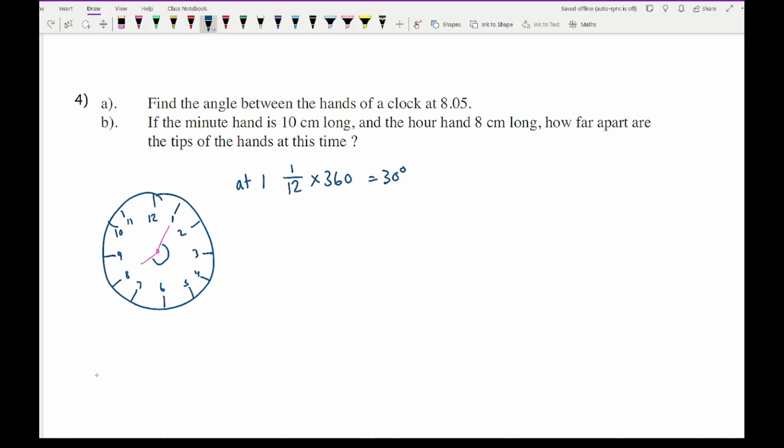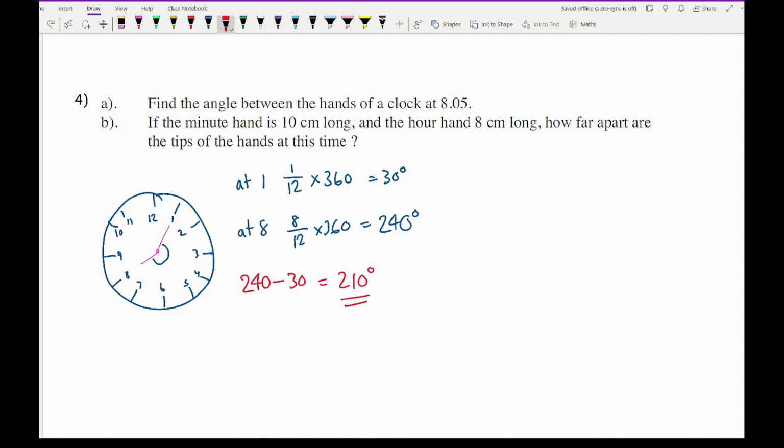And then at 8, that's 8/12 times 360, which gives me an answer of 240 degrees. So the angle between is going to be 240 minus 30, which is 210.